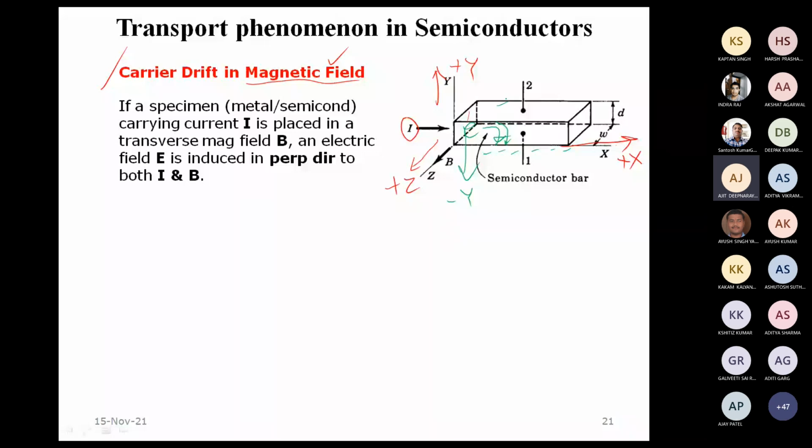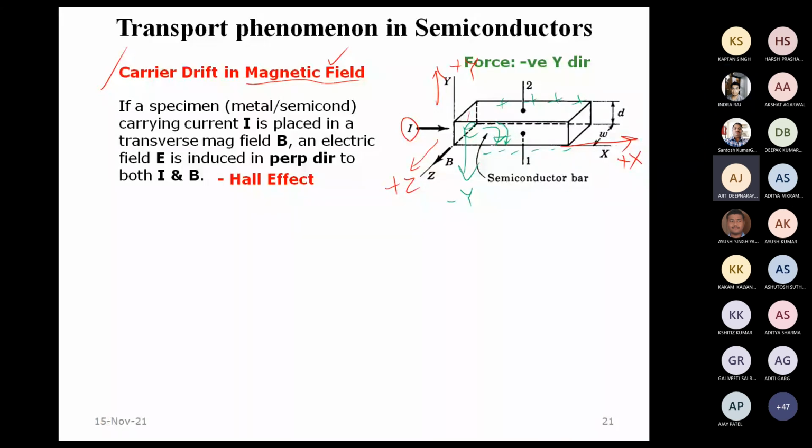It will seem as if there are positive charges on one side and negative charges on the other because of this magnetic field. This particular phenomenon is known as the Hall effect.